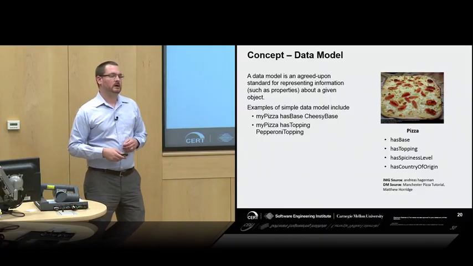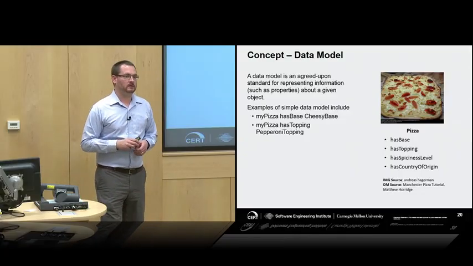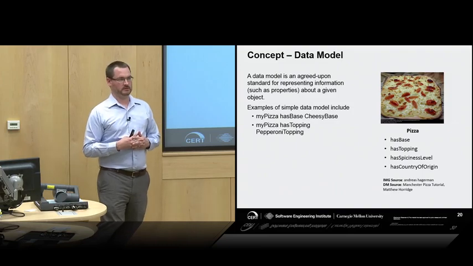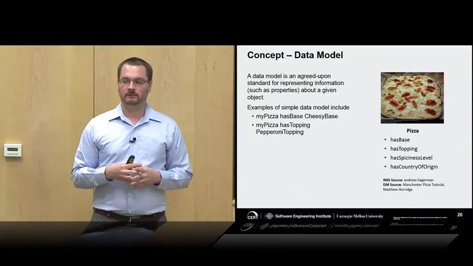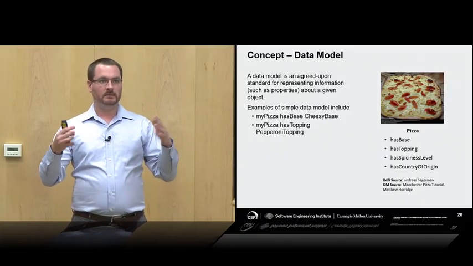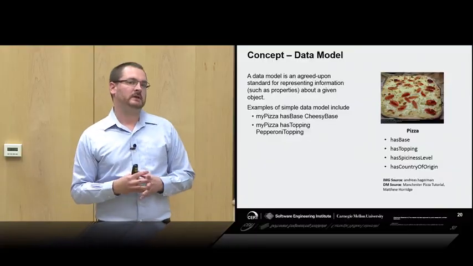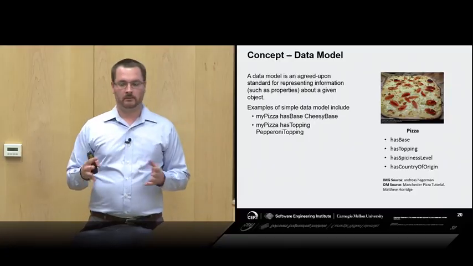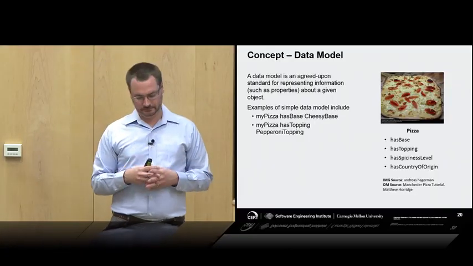Actually, this particular example comes from a tutorial that was written by a team at the University of Manchester. So an example of a simple data model for something like a pizza would be that a pizza has a base, a pizza has a topping, a pizza has a spiciness level, right? And a type of pizza may have a country of origin.